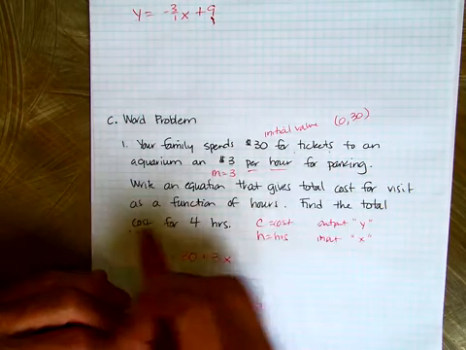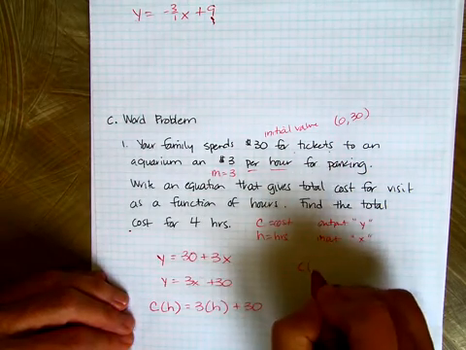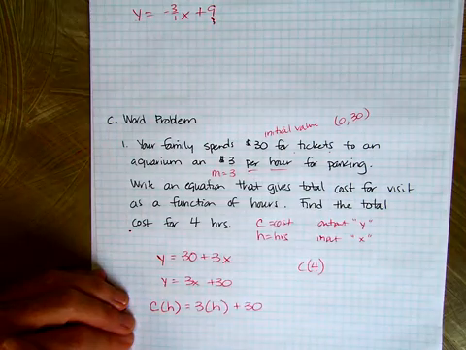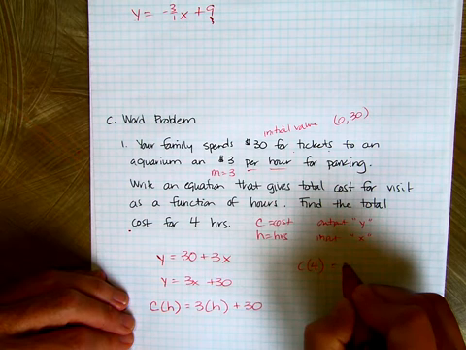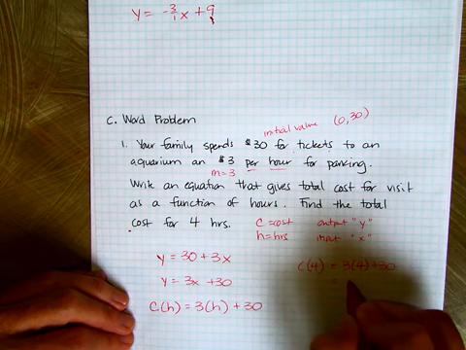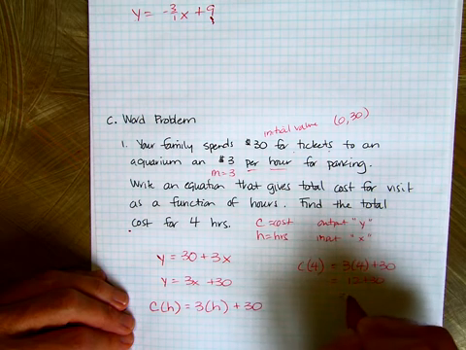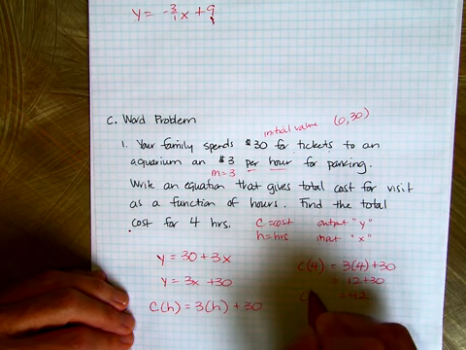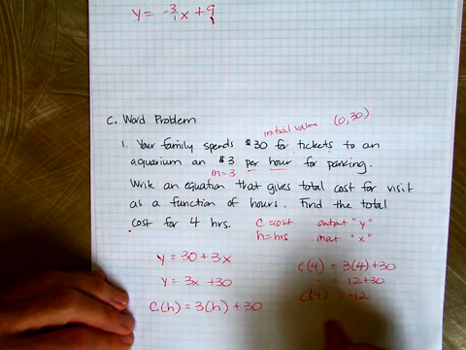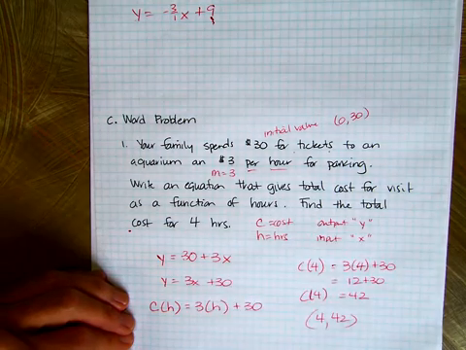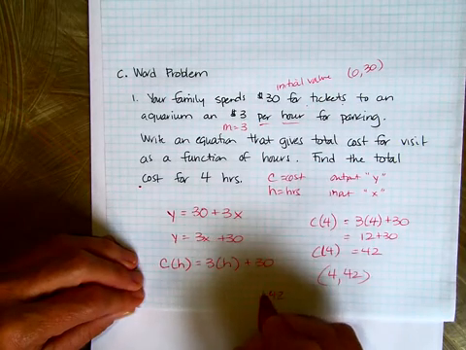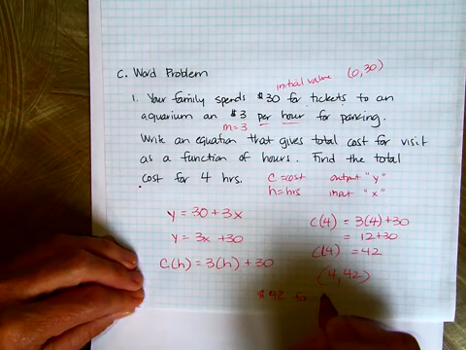And then if I want to find the cost for 4 hours, I would say the cost of 4 hours, I'm replacing my H with a 4. The cost of 4 hours is 3 times 4 plus 30, which equals 12, plus 30, which equals 42. So the one thing I like about function notation is I know that when it was 4 hours, the cost was $42. So $42 for 4 hours at the aquarium.